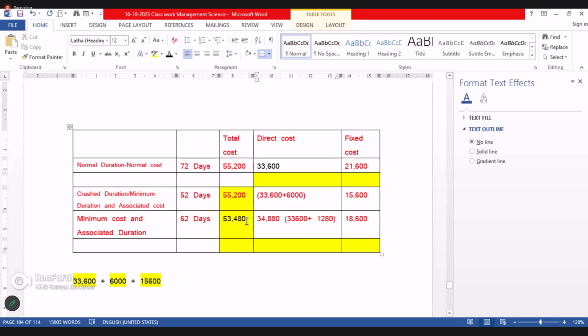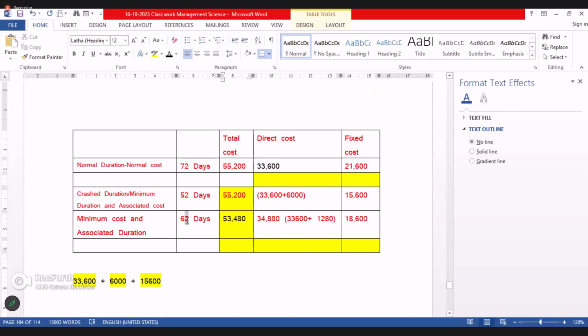the decision-making point. Which one will we consider? If you consider the cost factor, you will go for 62 days because it's the minimum, 53,408.